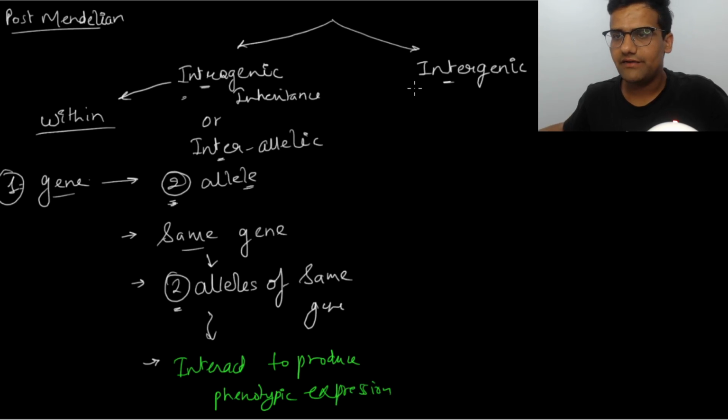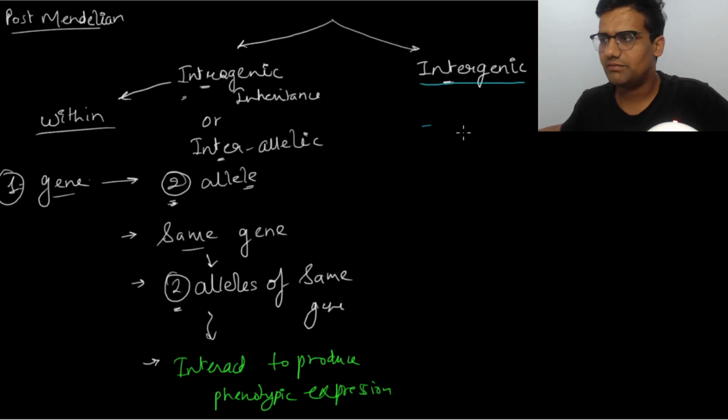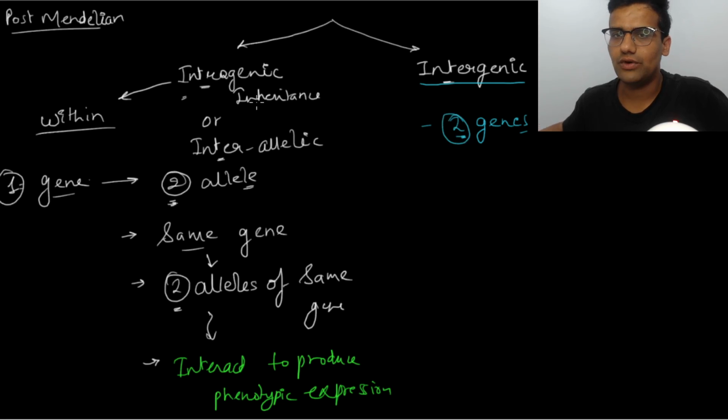The other part is intergenic inheritance. Intergenic inheritance is between two genes, or maybe more than two genes. At least two different genes are involved in this kind of inheritance.